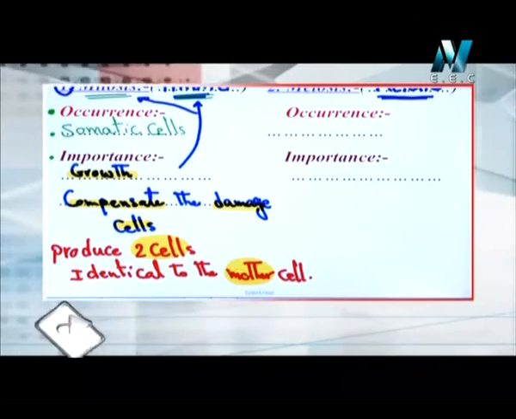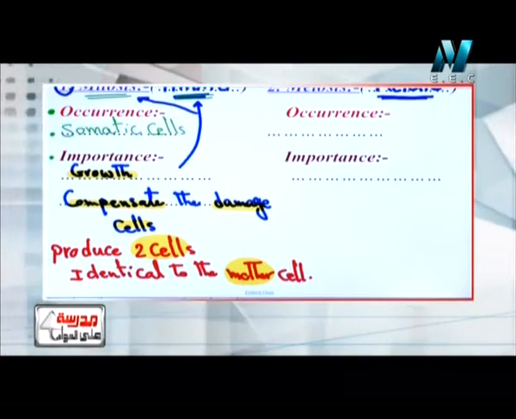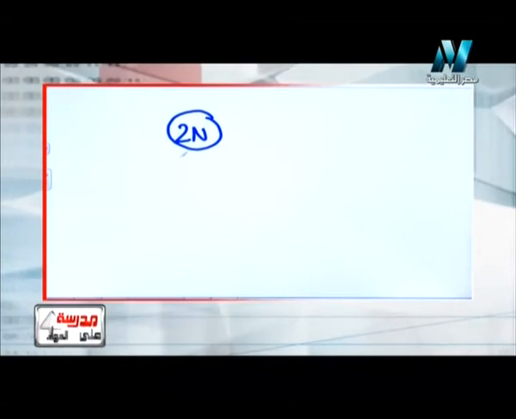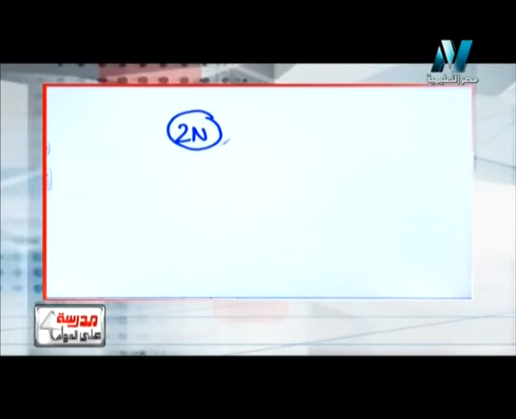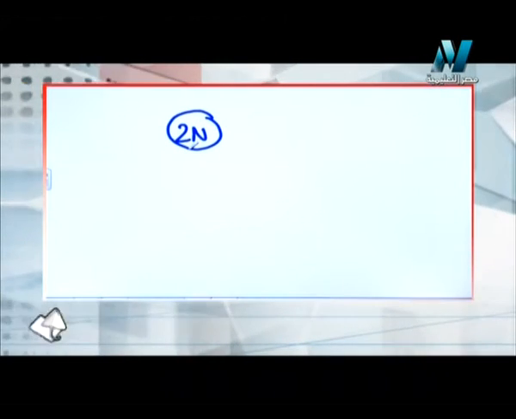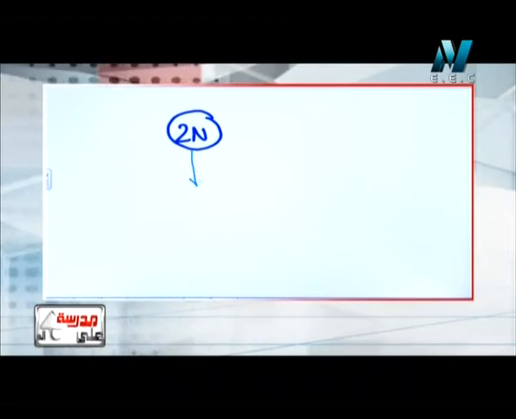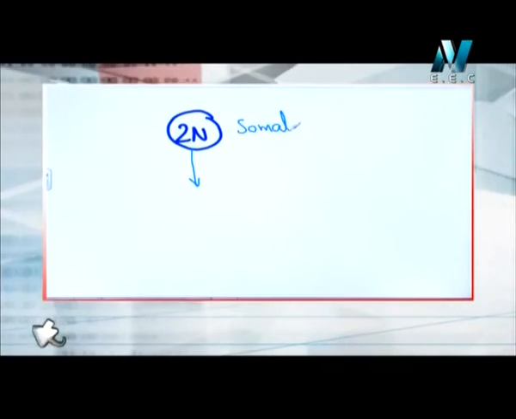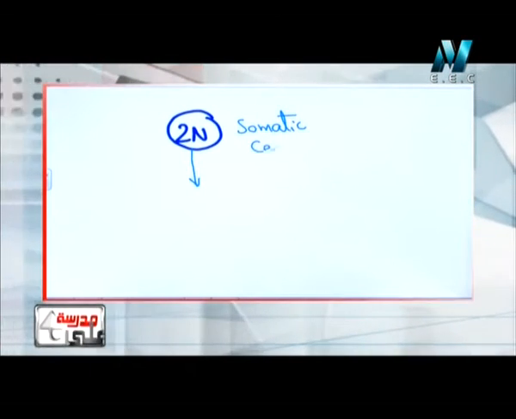How come? Let's see how together. For example here, if we have 2n as mother cell, I know this explanation sometimes may not be logical for you as a first step. This cell is called a somatic cell. Why?